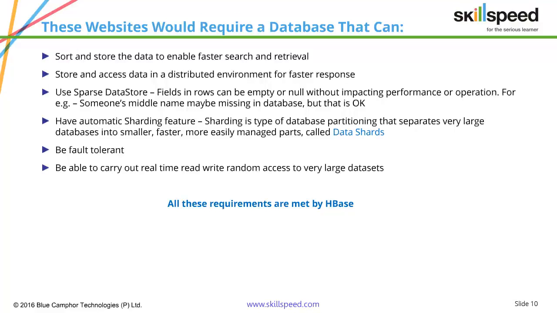And they should be fault tolerant, and real-time queries should be answered by them. All these requirements are met by the default NoSQL database in the world of Hadoop, that is called HBase, and we will be looking at HBase in the coming slides.